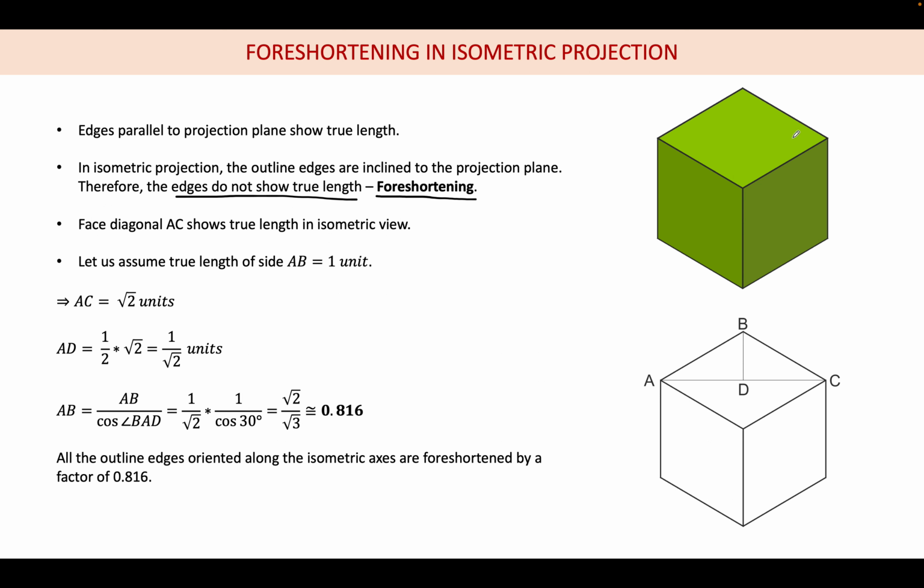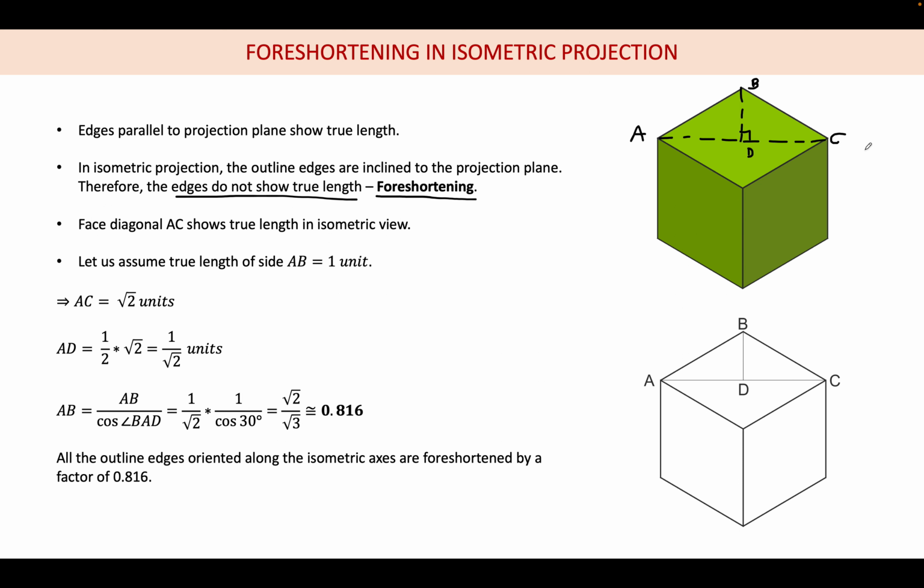Take this cube, say I am naming this point A, this is my point B, this is my point C. Here, if I connect these two diagonally, and draw a perpendicular from point B, it will intersect at, let us say, point D. Which means that if I have the cube like this, first parallel, then inclined, then another incline, this will be isometric.